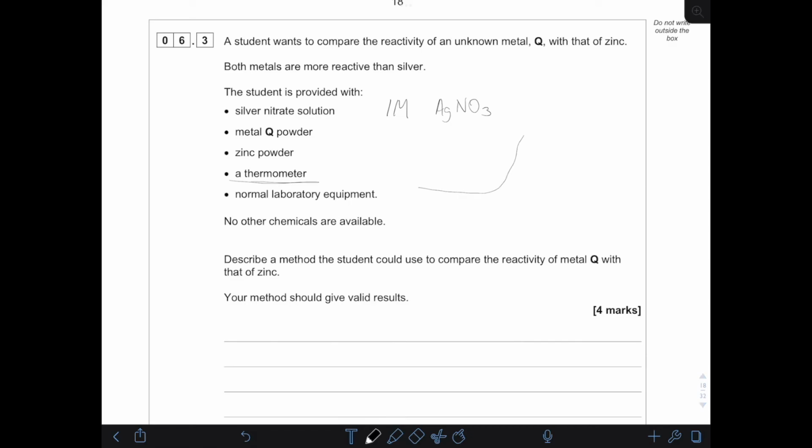It would look something like this: a flat baseline, and then once you add your metal at this point, the temperature creeps up to the maximum, and then it starts going down steadily, room temperature decay, cooling.